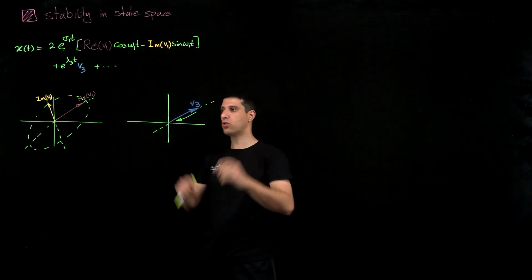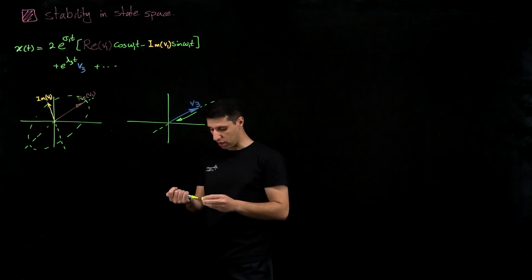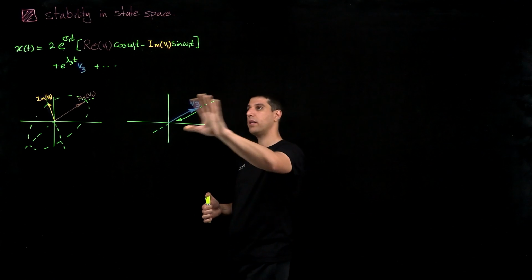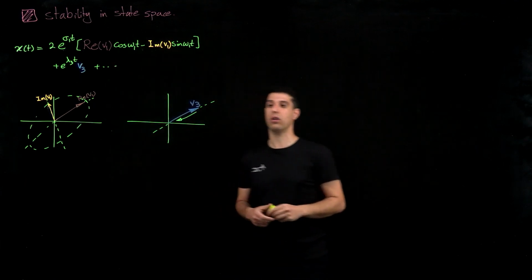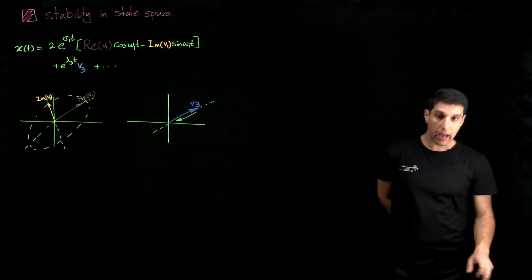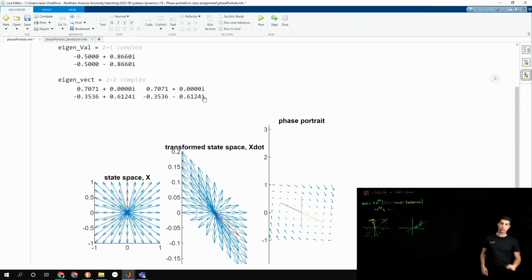So these two are the general modes of the response of the system, depending on whether the eigenvalues are real or imaginary. And this is something we saw before too in the phase portrait.